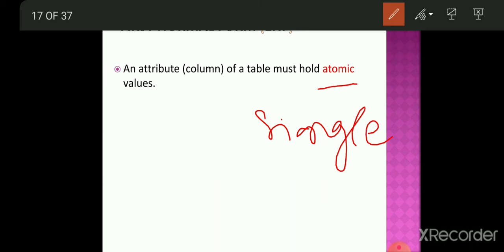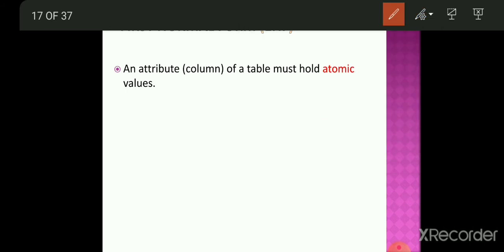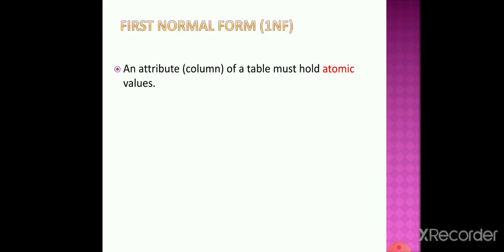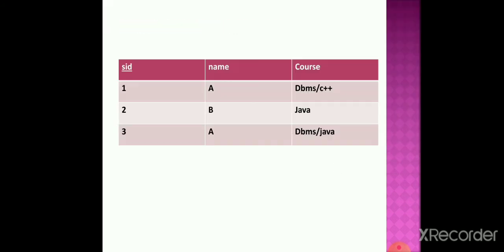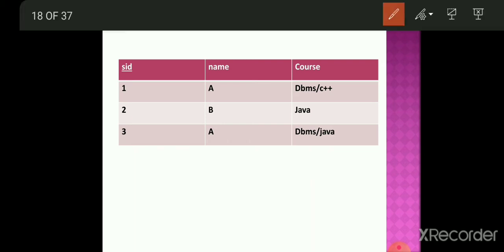For example, let's take an example. See, this is a table in which we have three columns: SID, name, course. Now you can check the first column. In the first column, each and every cell contains a single value as well as atomic, right?